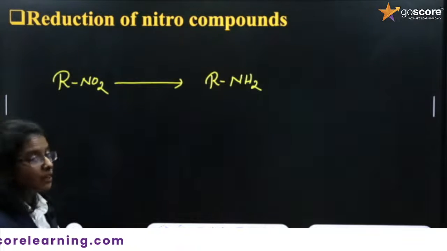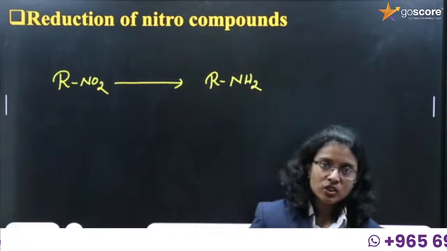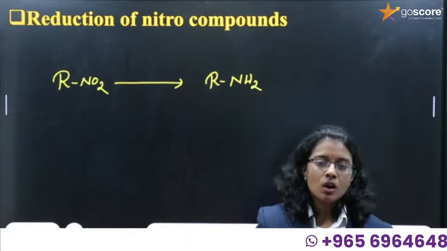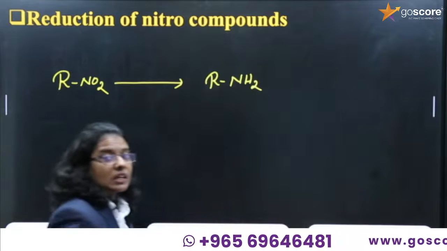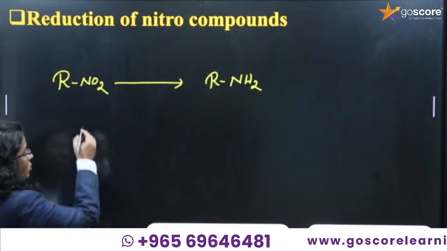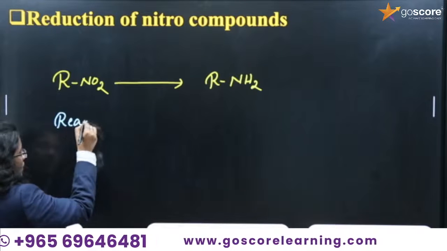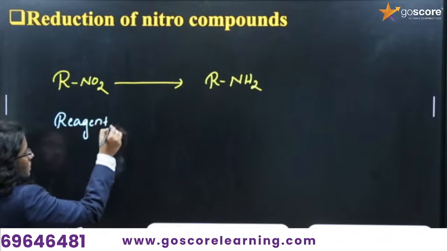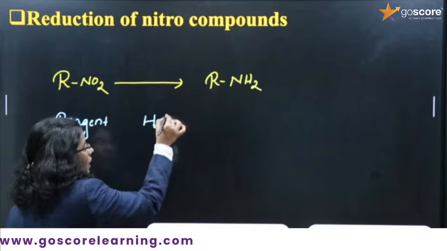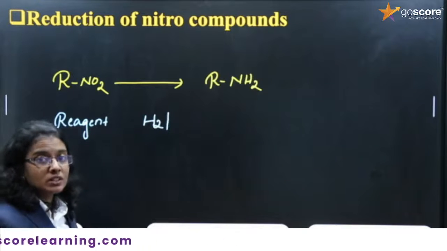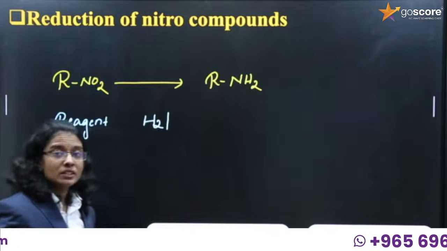We can reduce the nitro compound either by catalytic hydrogenation or using an active metal like tin, iron, etc. So you have to take your book and write the reagents. First one is catalytic hydrogenation, that is adding hydrogen in presence of a catalyst like palladium, platinum, or nickel.